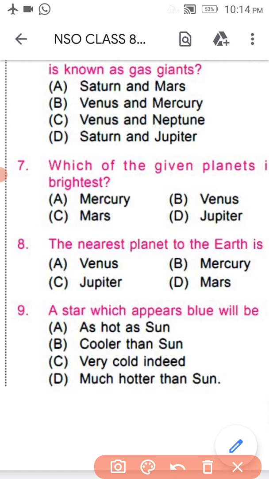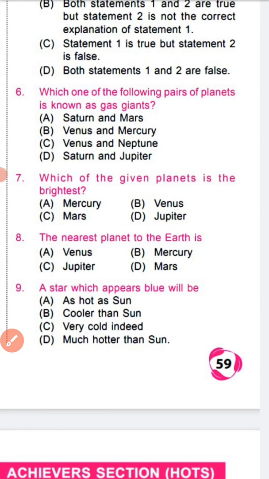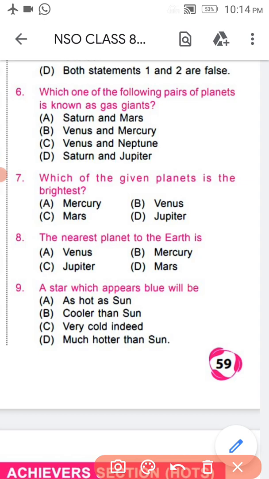Come to question number 8. The nearest planet to the Earth is, what is the nearest planet? All of you know the nearest planet to Earth is Venus. Next, come to question number 9.